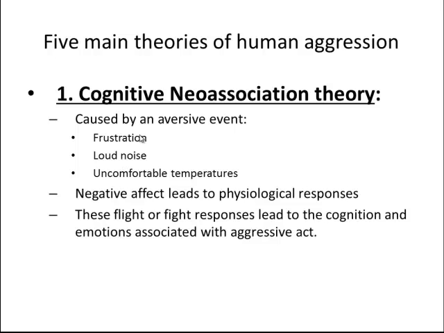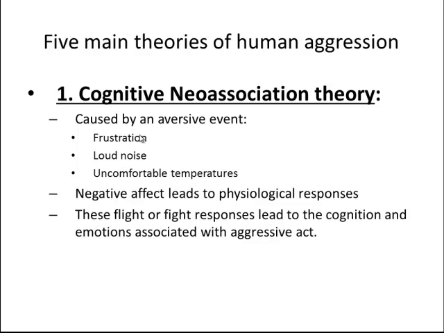There's the cognitive neoassociation theory. And here's the theory behind this aggression. It's caused by frustration. It's caused by irritation. It's caused by annoyances. Even raising the temperature increases this type of aggression. These negative feelings, these negative circumstances lead to this aggression.